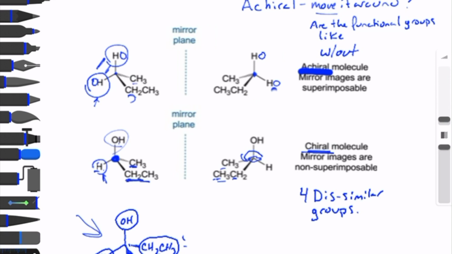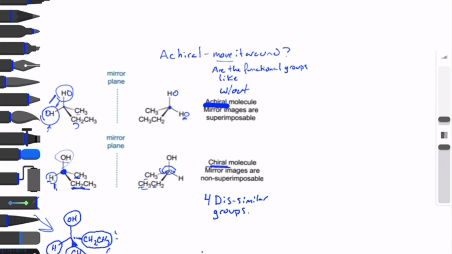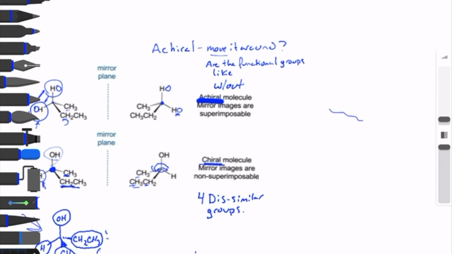A fast way you can determine chirality and achirality is with, let's see if I can kind of move this around. I can still write over here. Yep. So we can determine achiral and then chiral.